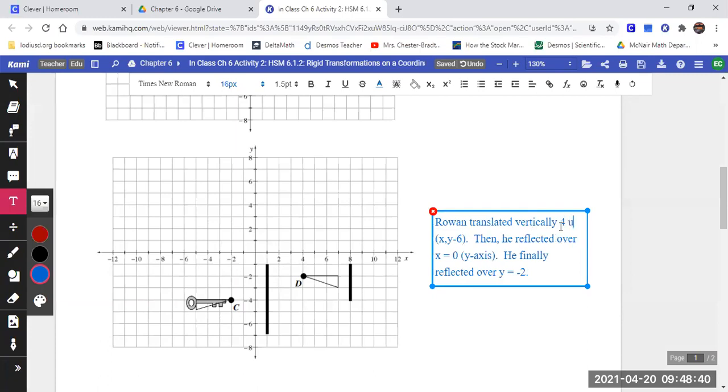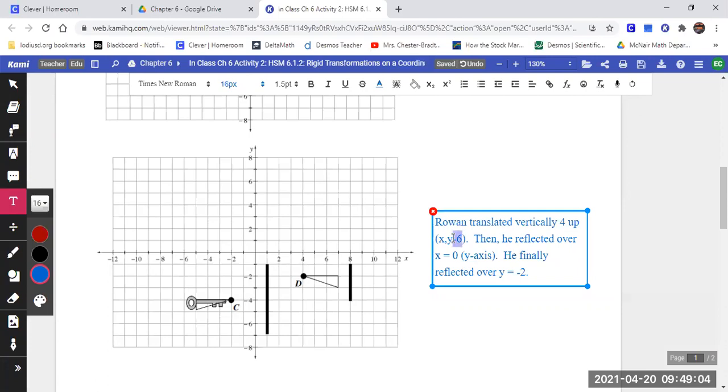No, 4 spaces up. Okay, so we changed that piece of it. Which means, is my X changing? Did we change our X? If I slide up, does that change our X? No, so the X stays the same.